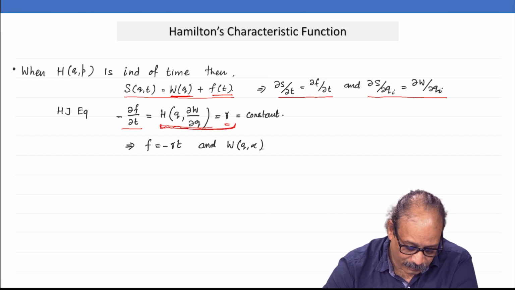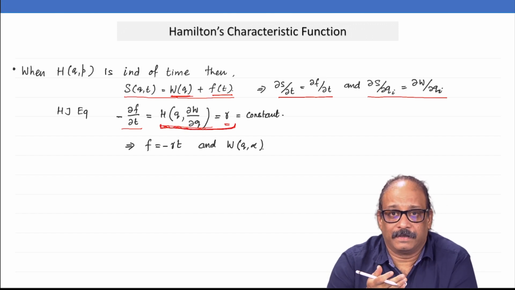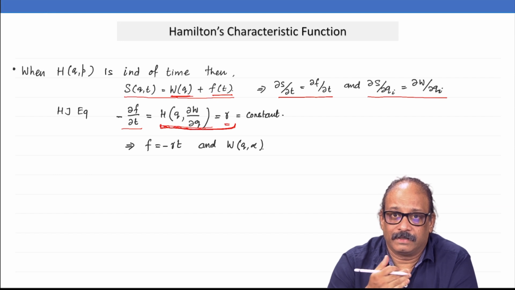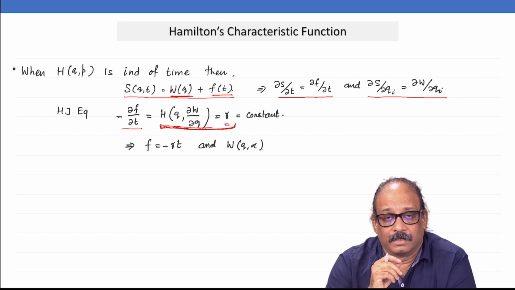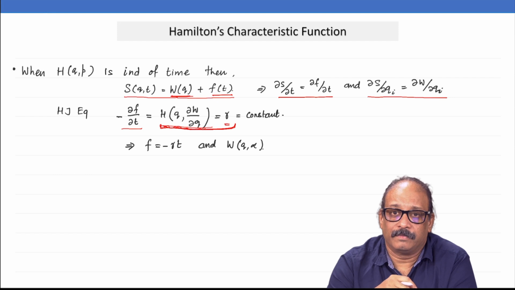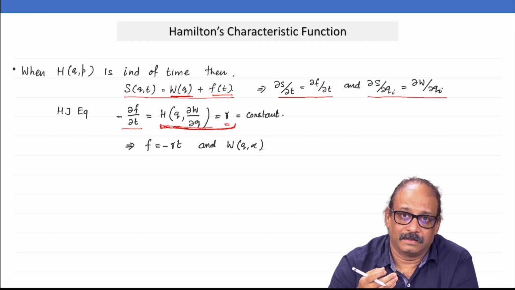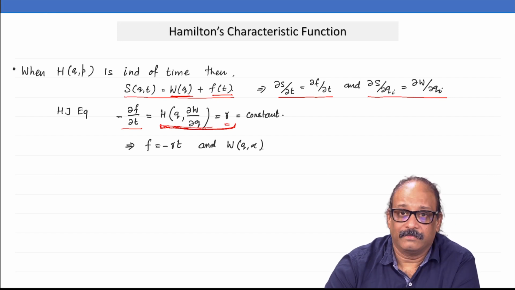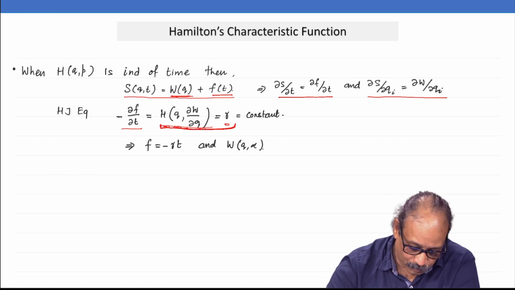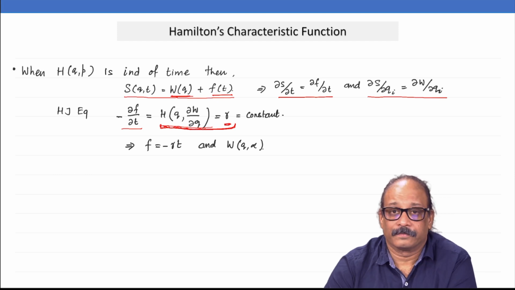In it, W does not appear, only the partial derivative of W appears. So, if W is a solution of this Hamilton-Jacobi equation, W plus some constant is also. One of these constants must be the additive constant, but I will leave it here, because I want to use this gamma also.